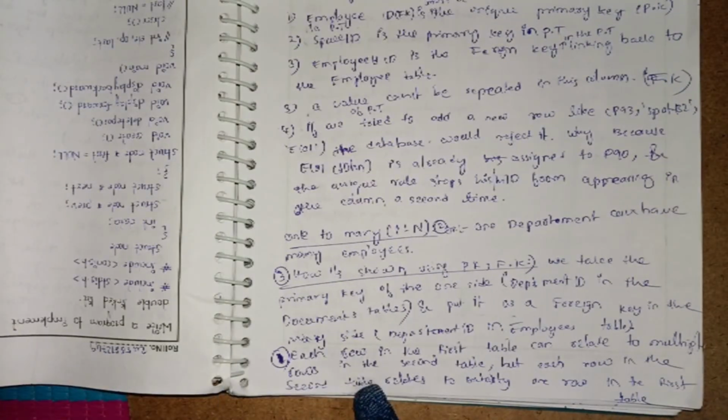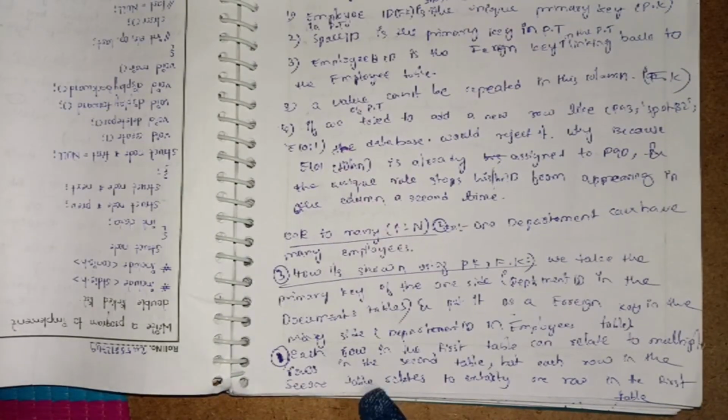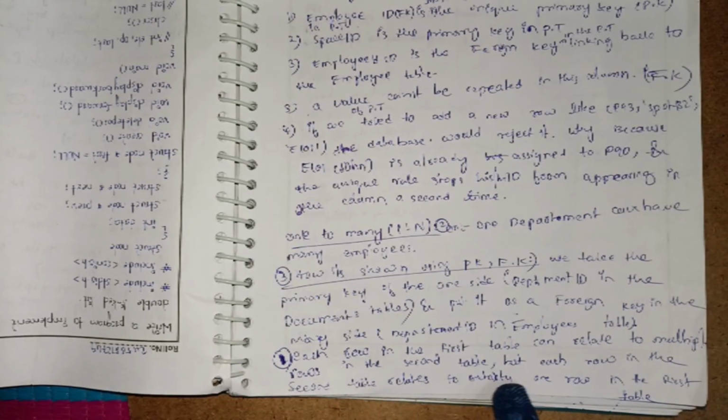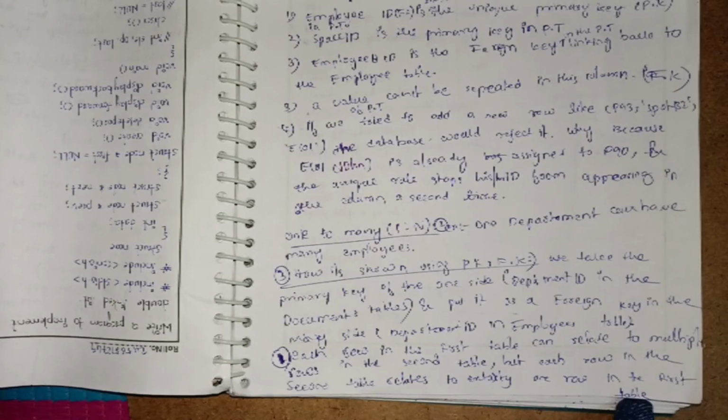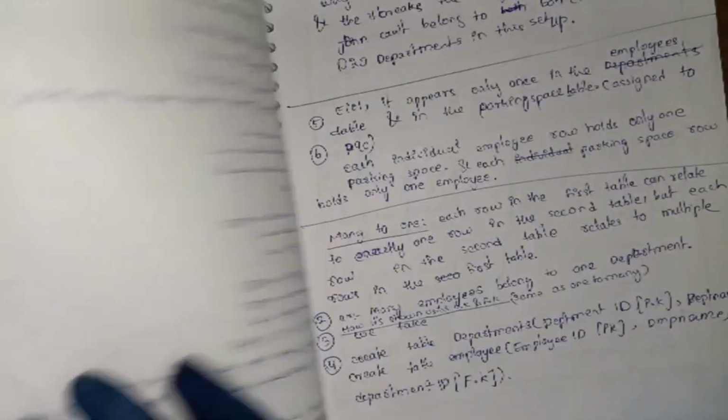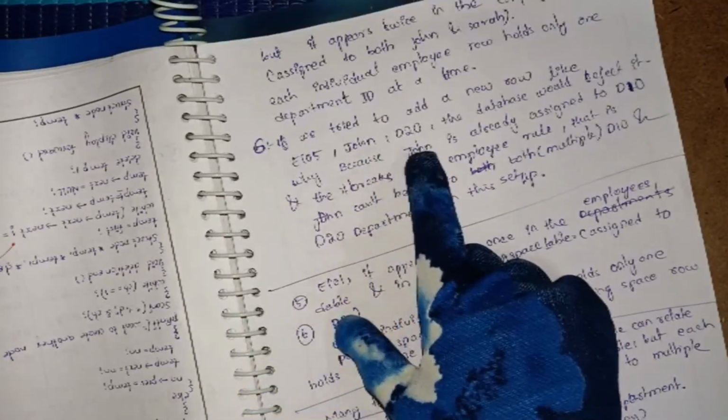Each row in the second table, meaning in the employee table, relates to exactly one row in the first table. So that is the department table. That's why this condition is not satisfied.